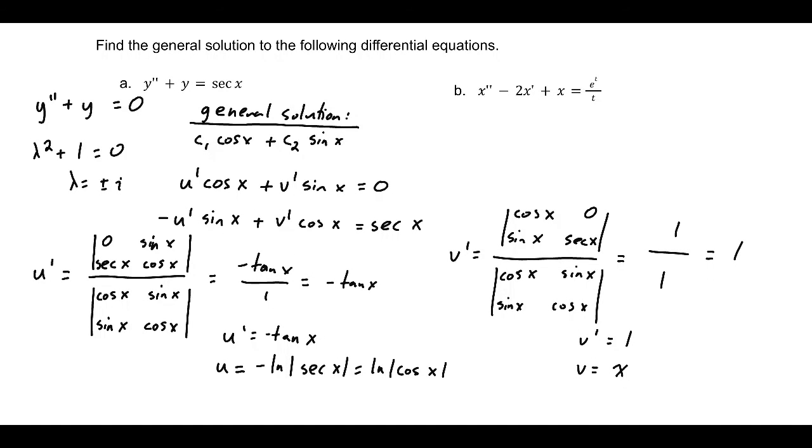So knowing these things, we're going to sum our general solution and this other solution with the u and v values in place of c1 and c2, respectively.